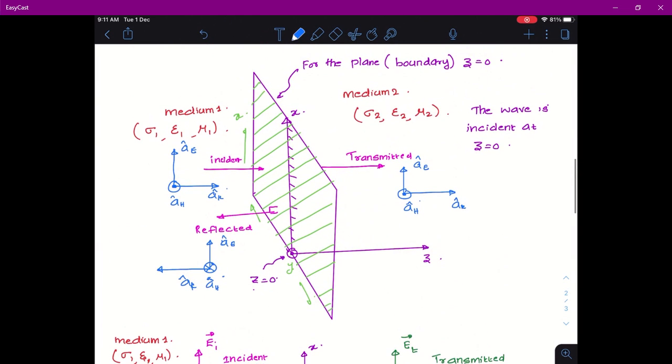So from this figure, if you look at this, you see that the electric field and the magnetic field are parallel to the plane of boundary.